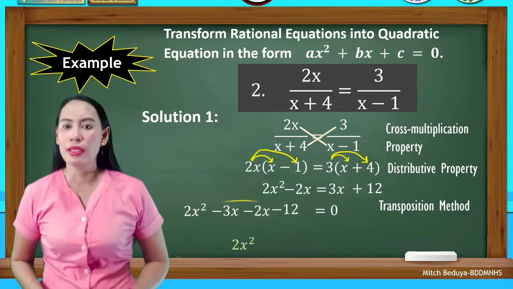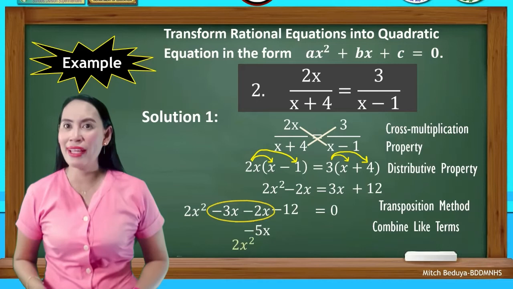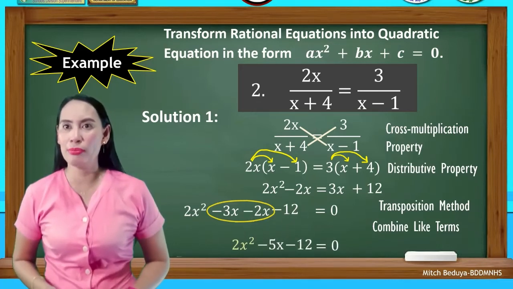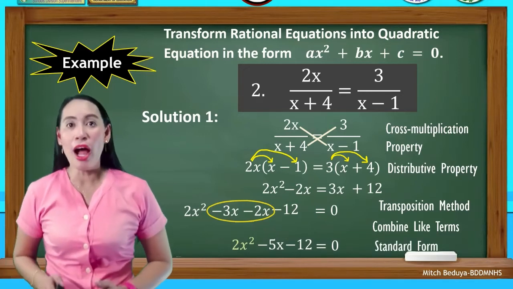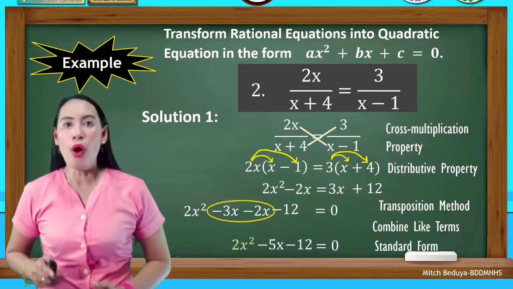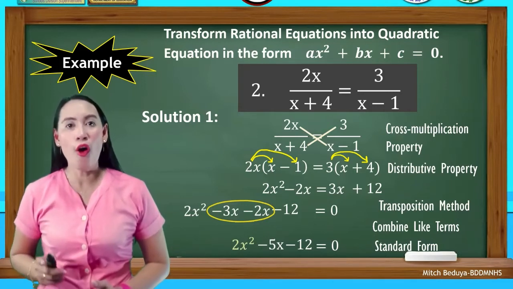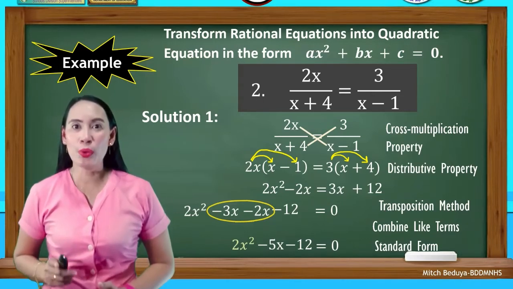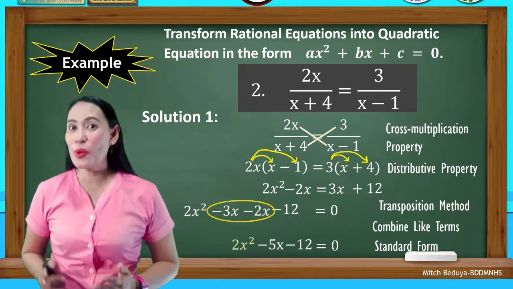Then, combine like terms: minus 5x minus 12 equals 0. The standard form of 2x over (x plus 4) equals 3 over (x minus 1) is 2x squared minus 5x minus 12 equals 0.